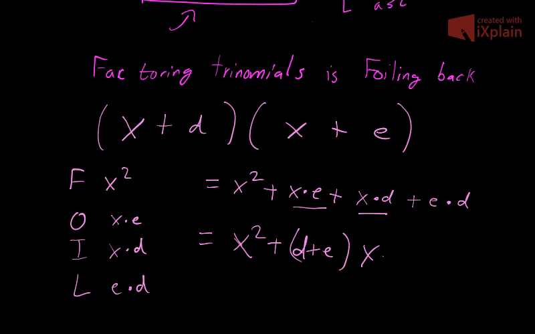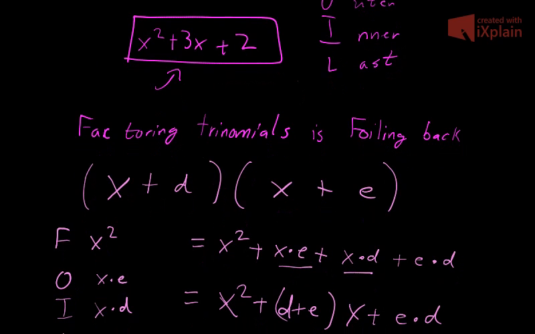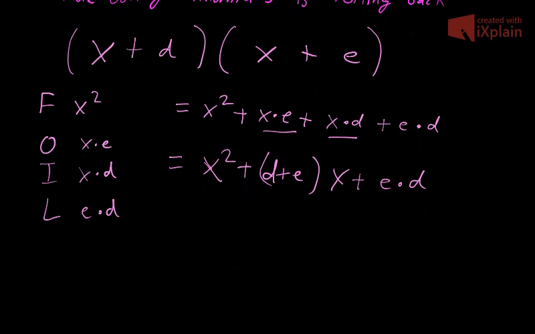And what I want to end up with is x squared plus 3x plus 2, so equals x squared plus 3x plus 2.